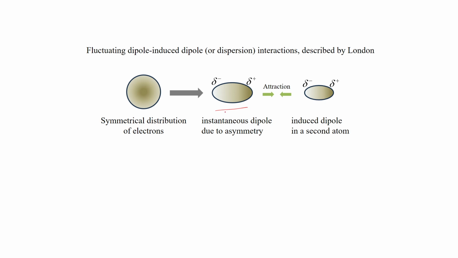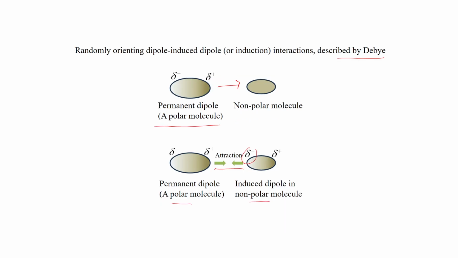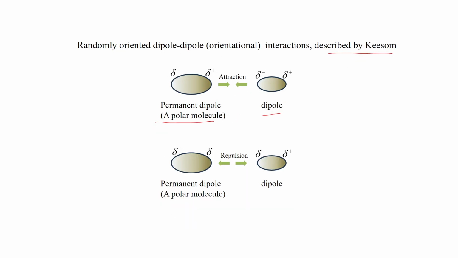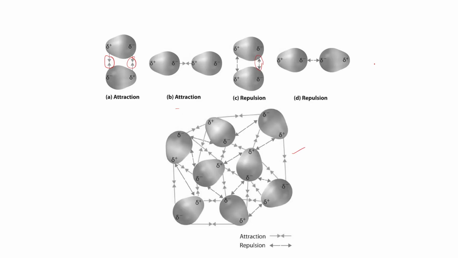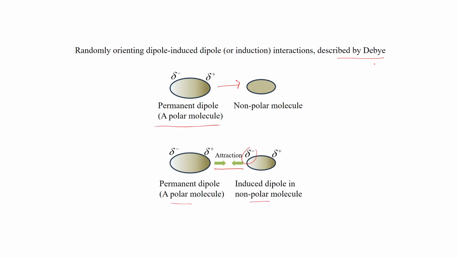So, this instantaneous dipole can induce a dipole moment in another molecule or atom. This is called the fluctuating dipole, induced dipole interaction, and it was described by London. As you notice, in the two interactions, one proposed by Keesom and the other proposed by Debye, in both cases we need a permanent dipole for the interaction to happen.